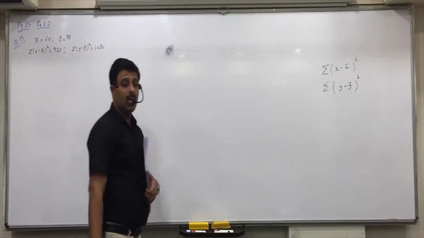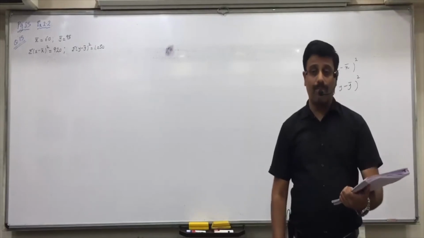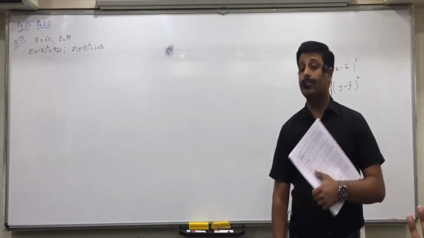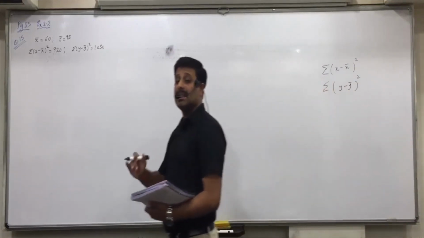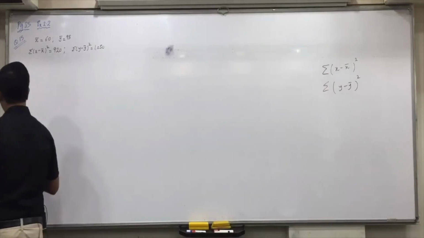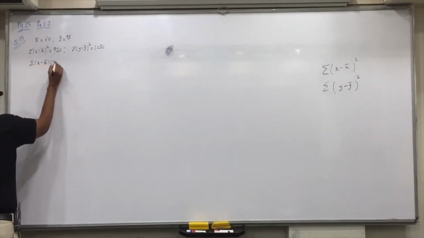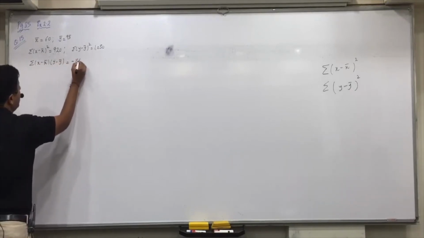Raise your hand who did not understand the language. Now what is this? Sum of product of deviations taken from their means. Understand the word product. Product means x minus x bar into y minus y bar. So sigma x minus x bar into y minus y bar is minus 545.